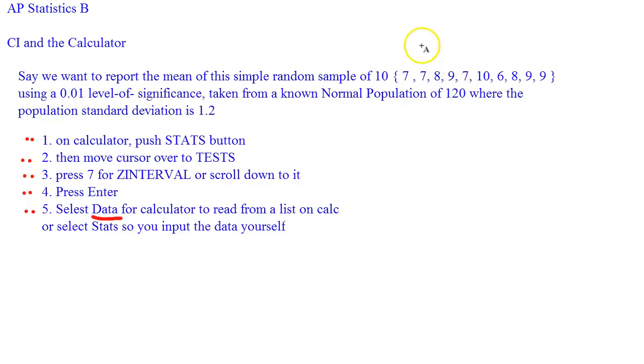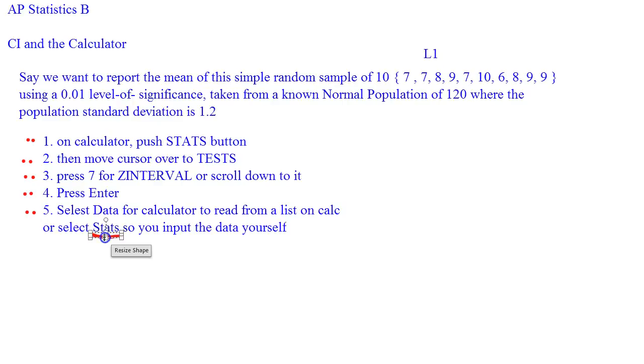Then go back through the same process, except this time, instead of stats, we go to data. Press stat, go to tests, go to Z interval, and now we put in data. We need to put in our sigma, which is going to be 1.2. Our list is going to be L1.